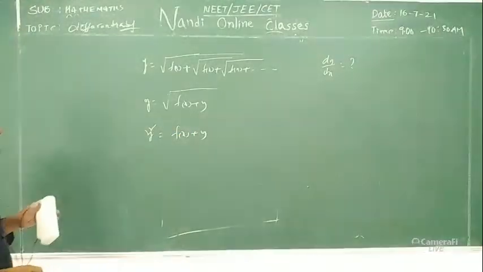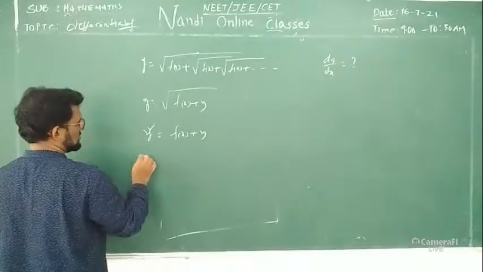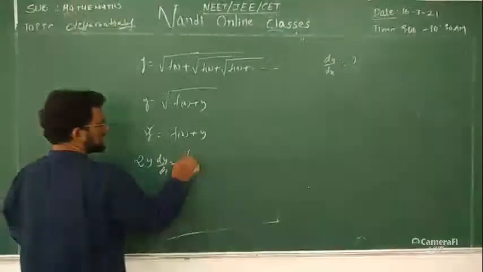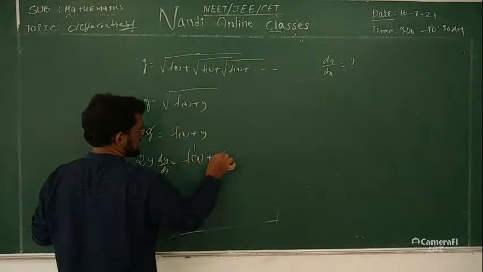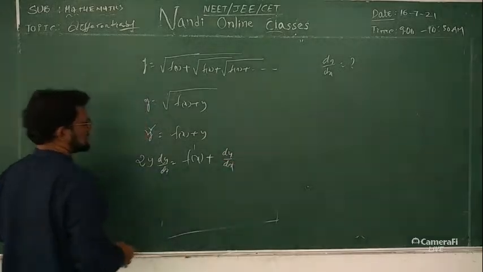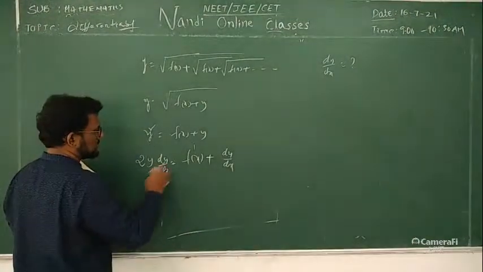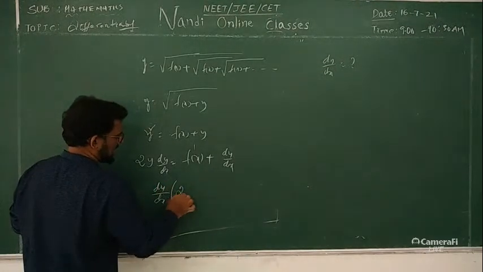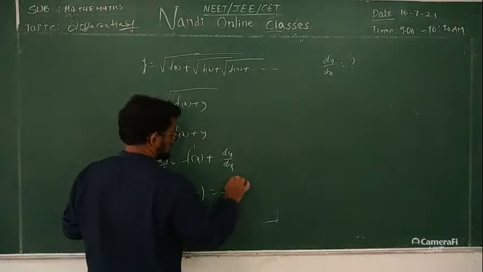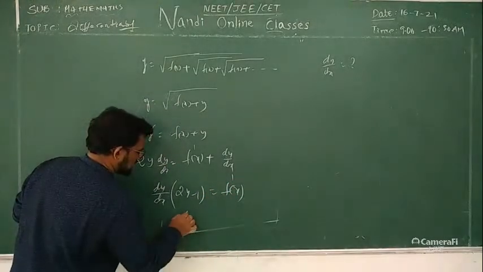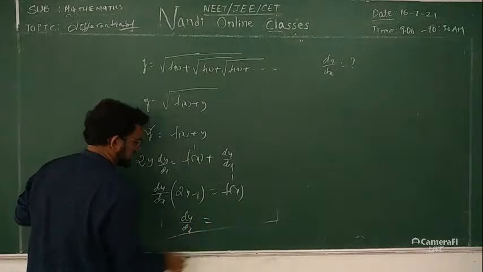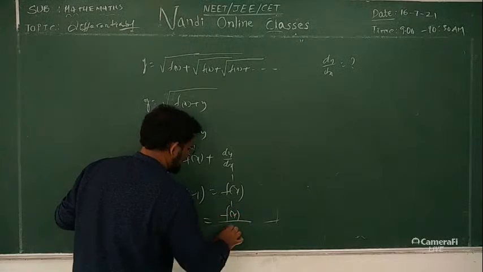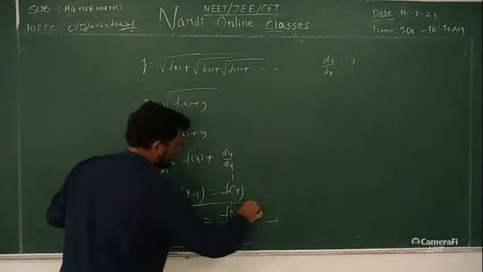Now 2y into dy by dx, if you differentiate on both sides, it is f dash x plus dy by dx. Now if you take dy by dx common, you have (2y minus 1) dy by dx is equal to f dash x. Therefore, dy by dx is equal to f dash x divided by 2y minus 1.